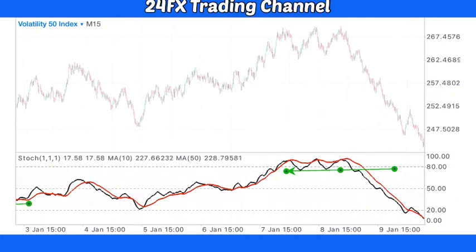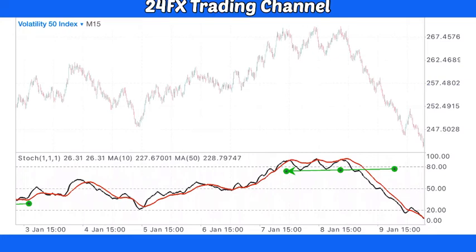You have to check the 1 hour time frame to confirm if the market is in an uptrend. If you check the 1 hour time frame and the market is not at the sell zone, which is above this 80, and the 15 minutes time frame is indicating a sell signal, ignore it. Listen to me again.